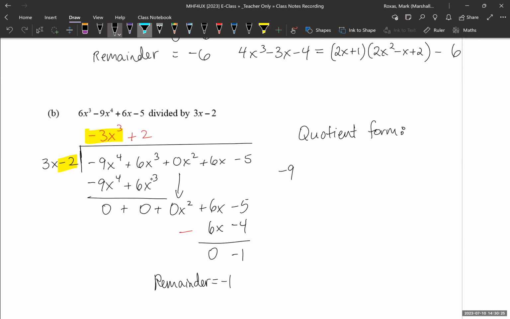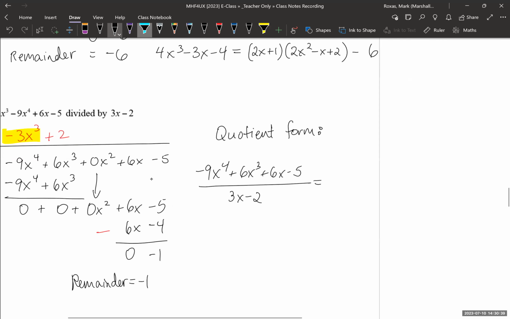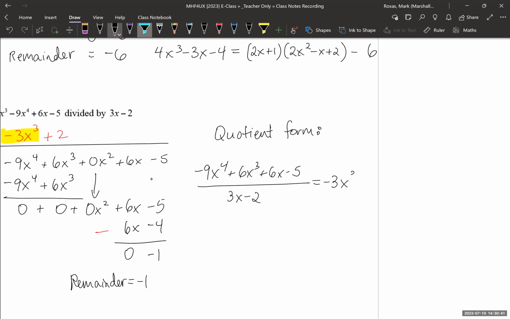So I'll put this: 9x^4 plus 6x cubed plus 6x minus 5 divided by 3x minus 2 equals the quotient. The quotient is minus 3x cubed plus 2, take away the remainder 1 over 3x minus 2.